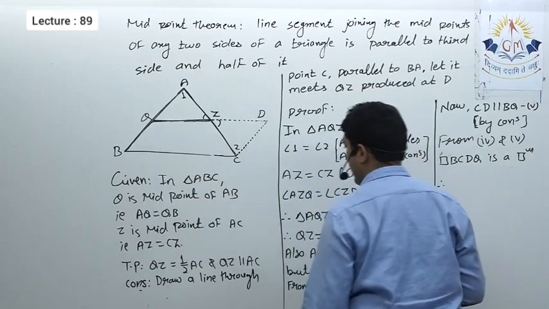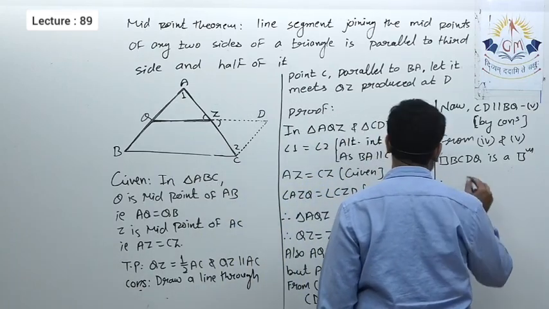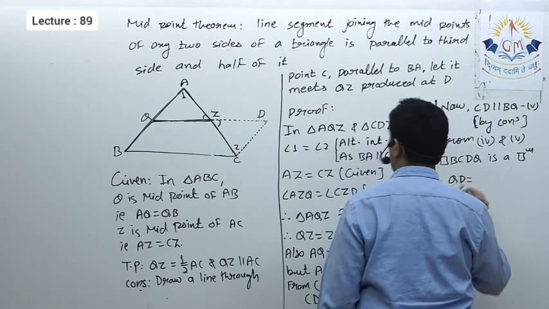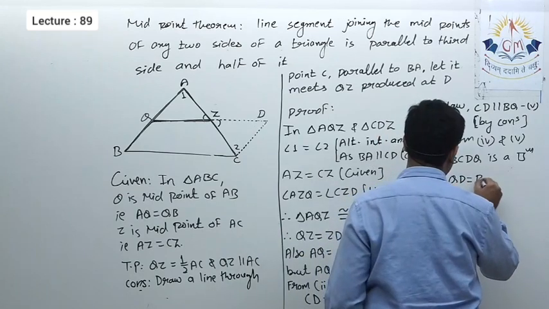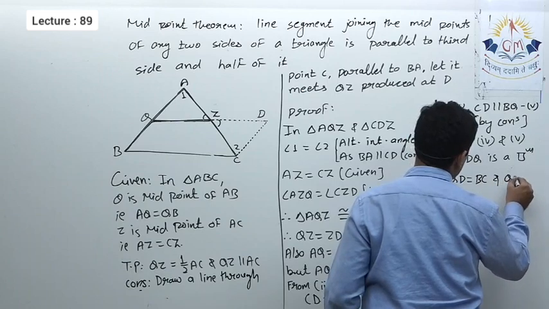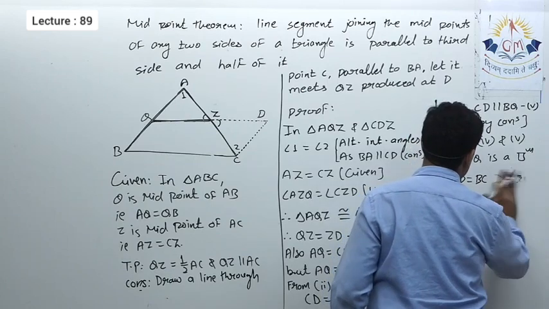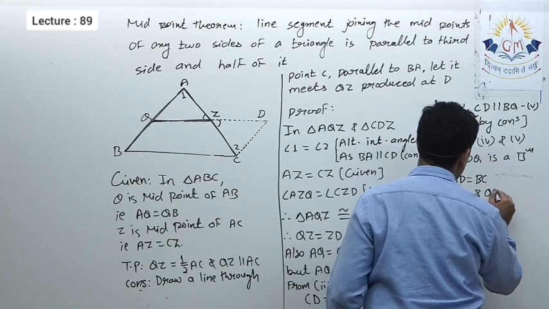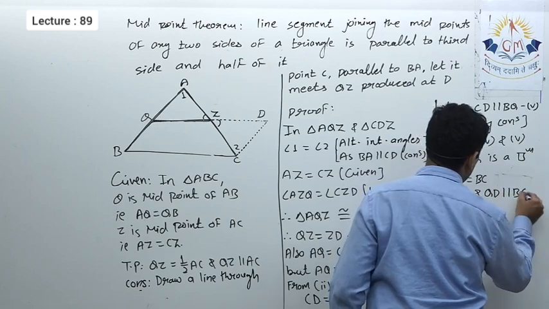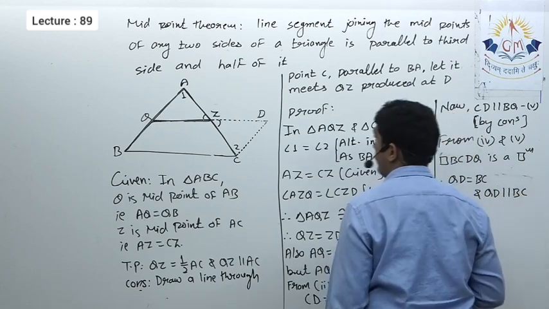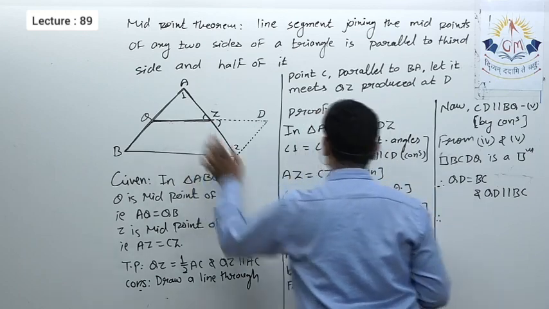Therefore, I can say QD is equal to BC, and QD is parallel to BC. Now QD can be written as twice QZ.